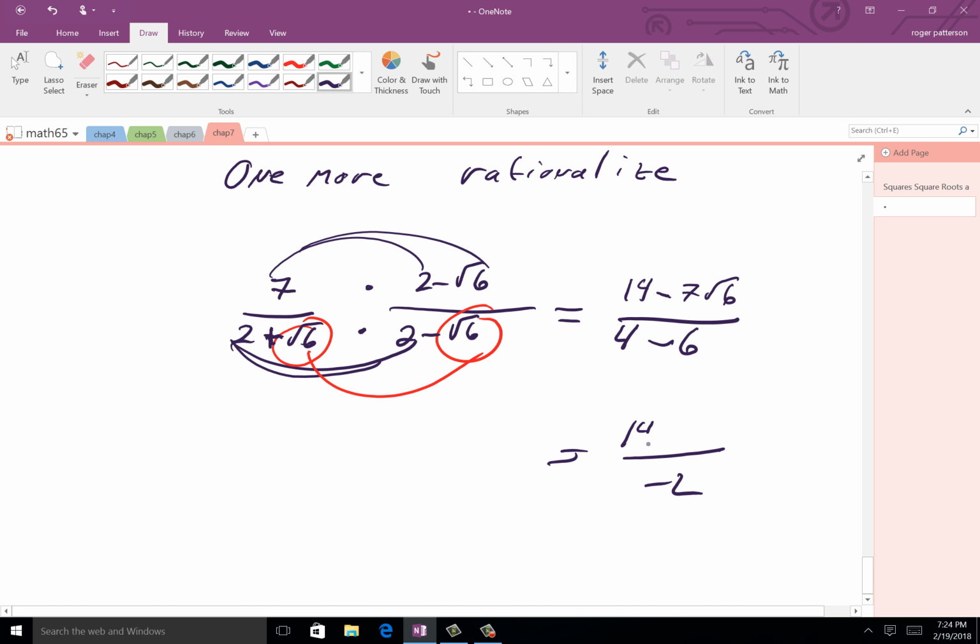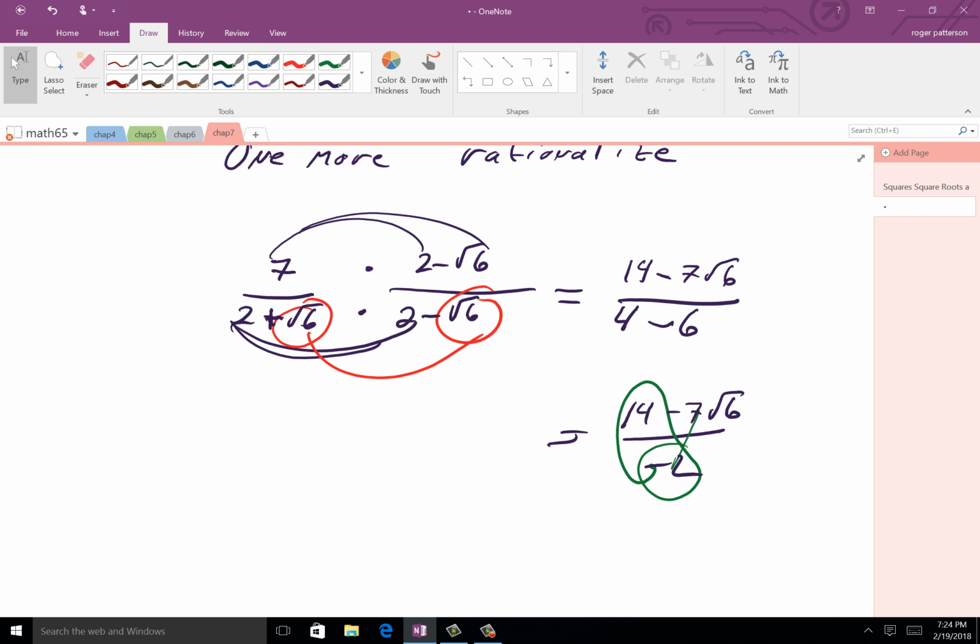So that's done. And how about that? In this case, the 2 goes into here, but doesn't go into the 7. So you can actually leave it alone. You're not gaining anything by putting that 2 into there. So we're just going to leave this one alone.